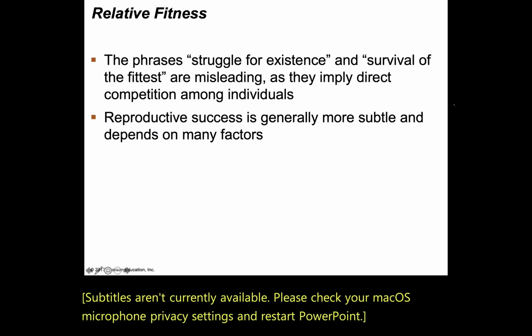So your relative fitness. The phrases struggle for existence and survival of the fittest are kind of misleading. They imply actual competition directly between individuals, okay? Really, it's about that individual's ability to live in a population and be successful.